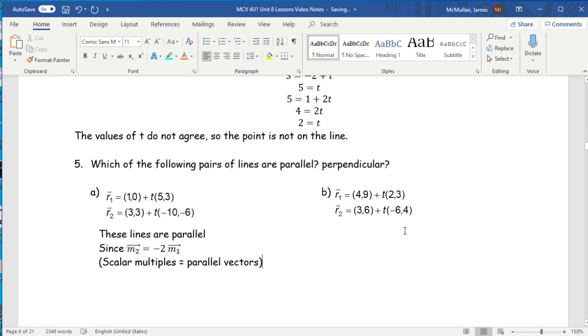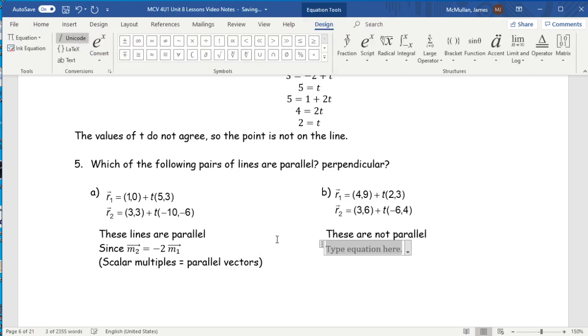Now these two, you look at this, to get from 2 to negative 6, you'd have to multiply by negative 3. But if you multiply 3 by negative 3, you do not get 4. So these are not parallel. Now that they're not parallel, let's try to dot them. So M1 vec dot M2 vec and see what we get.